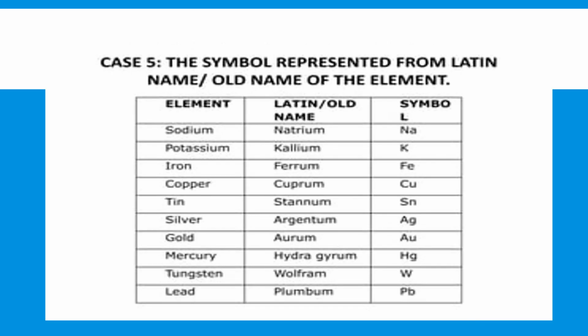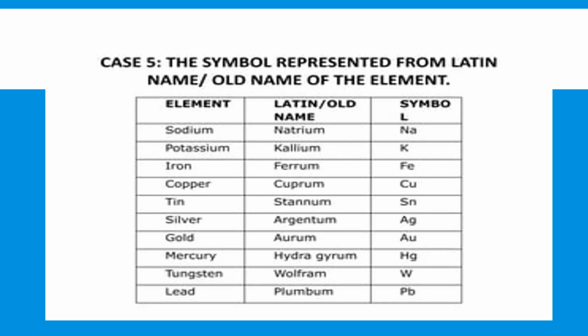Yeah. And again there are some elements which were known in ancient times, and their symbols are taken from their old names, that is, Latin names. For example, sodium, in Latin was known as natrium, and its symbol is taken as Na from the Latin name.